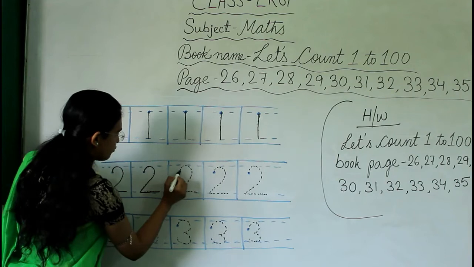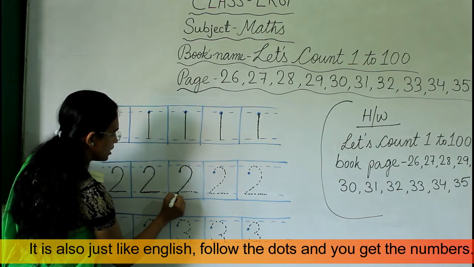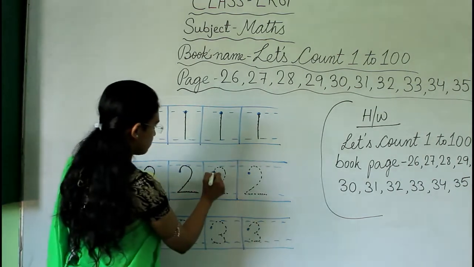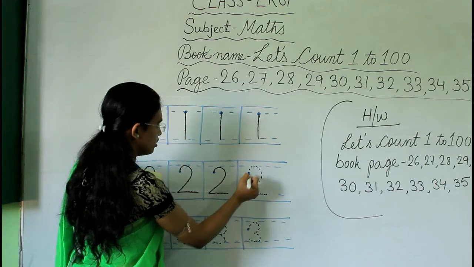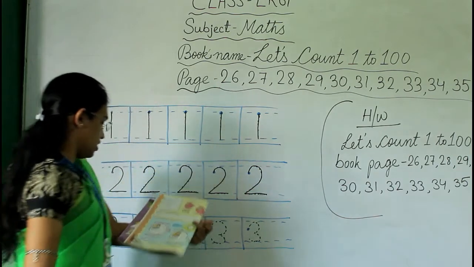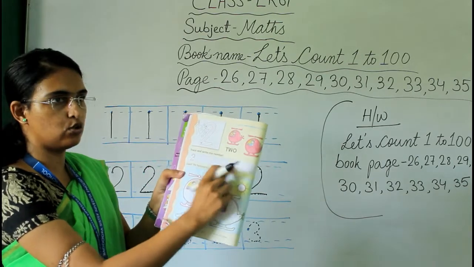Okay, in this way, from this dot you have to draw a curved line, then a slipping line like this. This is number 2. In this way, you have to write. You have to trace this number 2.